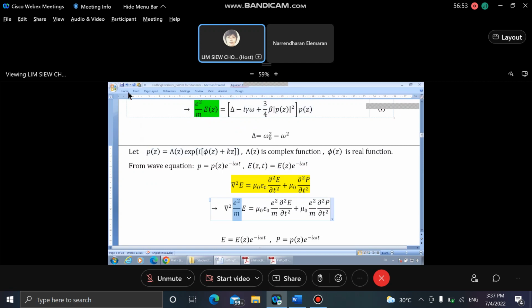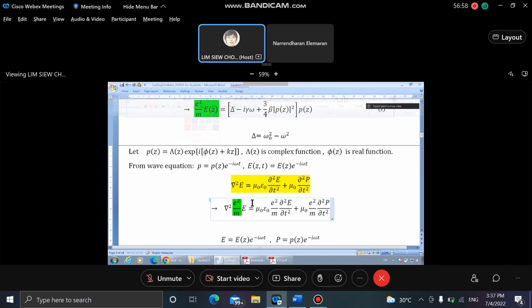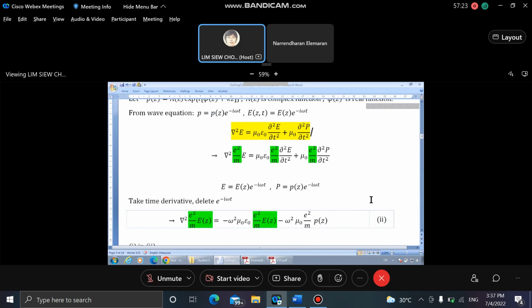Okay, I make it green so that you can see this. We multiply every term like this, left and right of the equation. You can do this multiplication because it is an equation. There's an equal sign here. You do the same thing on the left and on the right of the equation. So you do not change anything. You just change the appearance. Okay, so when we multiply, then we have this.